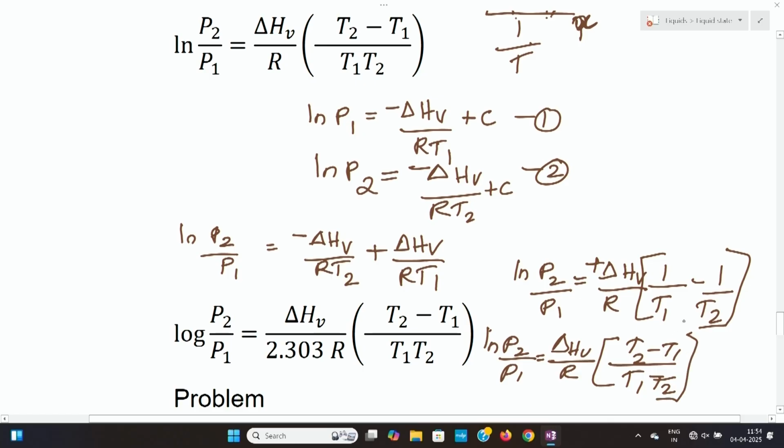Okay, so here we first take T1 and T2 as a common denominator, then we divide the denominator by T1 and multiply, then we will get T2 here. The same way we have to do here also. Then the equation becomes delta HV by R into T2 minus T1 divided by T1 T2.